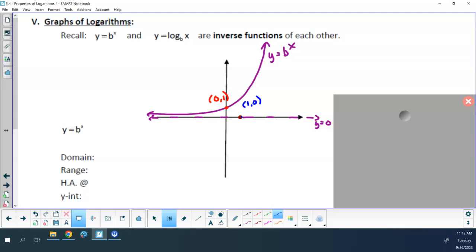I switch my x and my y. Instead of having a horizontal asymptote at y equals 0, what is my logarithmic function going to have? Vertical asymptote at x equals 0. Yep, so that part will change.